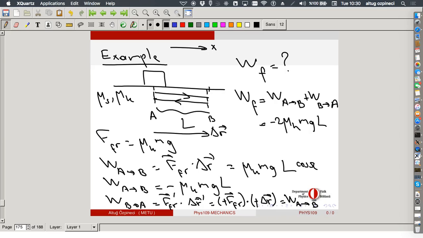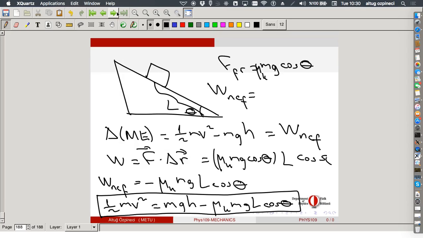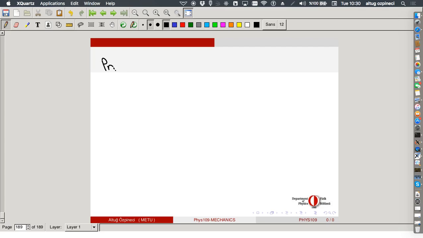Other questions? Now let's study the projectile motion. Let's just assume that we take an object and we throw it vertically upward.